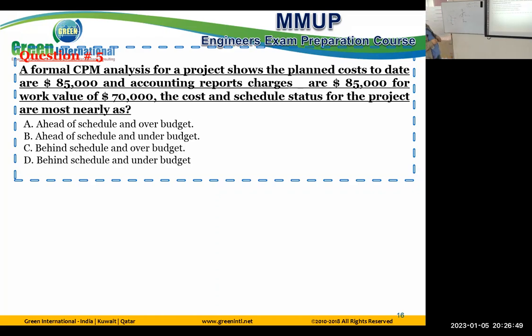Here we have work value of 70. You achieved work with a total amount of money 70, but you planned to finish on this particular date 85. You planned 85, you achieved 70. You are behind, for sure, 100%.